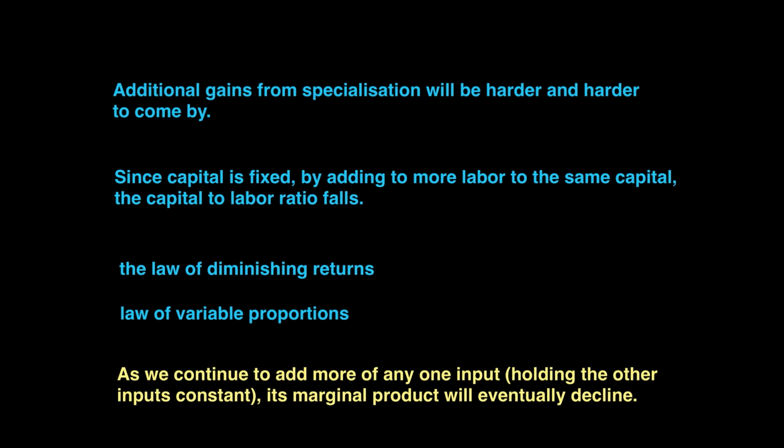Now, output did continue to increase since there is usually something an additional worker can do to clean the cars more quickly, but the increase is less dramatic each time because the capital to labor ratio kept on going down. With the same capital, more labor means the capital that is given to each additional worker will be lower now.